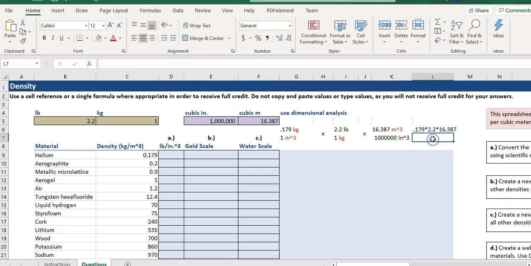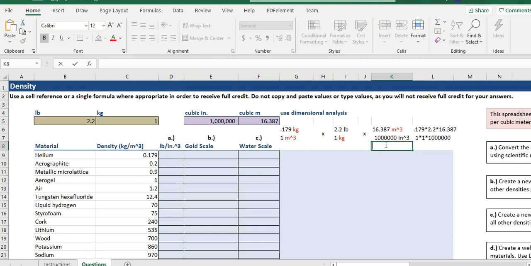And then in the bottom, I would end up doing 1 times 1 times 1 million. And then as my last step, I would take that numerator and divide by the denominator, and I would end up with my answer.